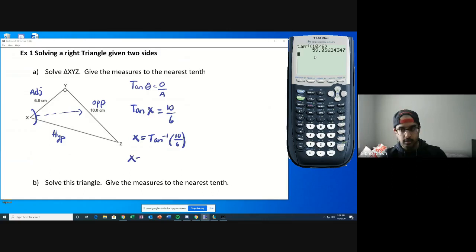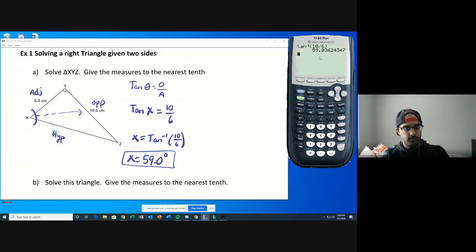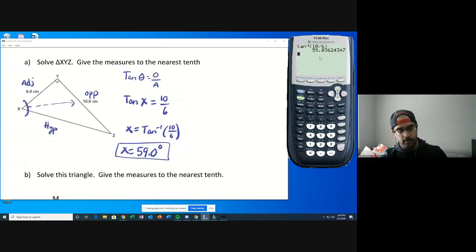So again, to the nearest tenth means 1 decimal place. So even though that's a 0, I really should be including it also. So x is 59.0. Let's go find the other angle in this triangle at this point. Since I know two of them, I know what y is, it's 90 degrees, that's a right angle. I know what x is, it's 59, we just found that.